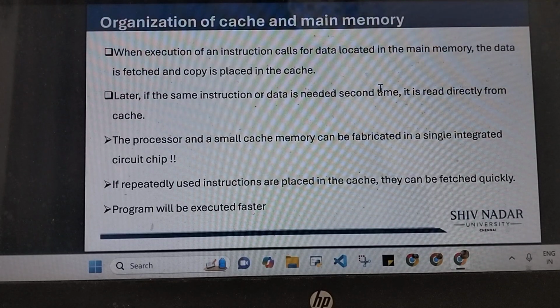You don't have to go all the way up to the main memory. The time taken to access is less compared to main memory, although the access time is more than that of a register, but the difference is not too much. So it helps you to quickly access frequently required data without overloading your registers.